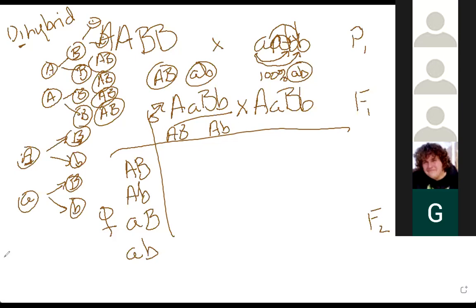These are autosomal, right? Excellent. They are autosomes. And then, of course, we've got small a, capital B, small a, small b. And of course, we now fill this all in. Oh my gosh. All right. How fast can you go?